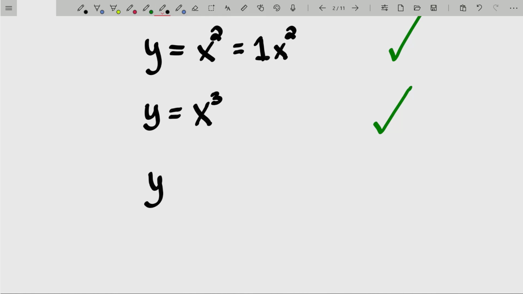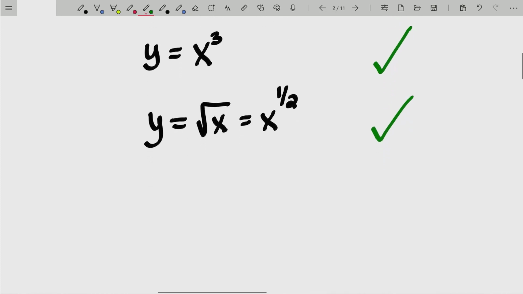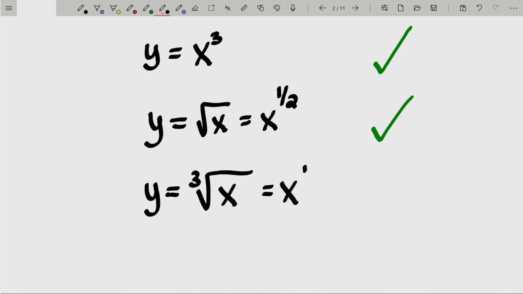The next set of base graphs, the square root of x. Well, that can be written as x to the 1/2, as we know. So therefore, that's definitely a power function. Another one that you should know the base graph of, y equals the cube root of x, which is x to the 1/3. And yes, that's definitely a power function as well.